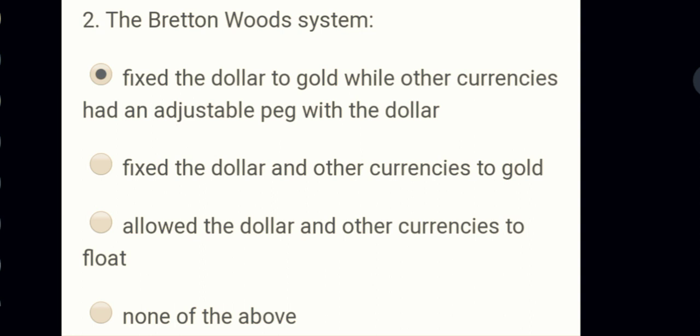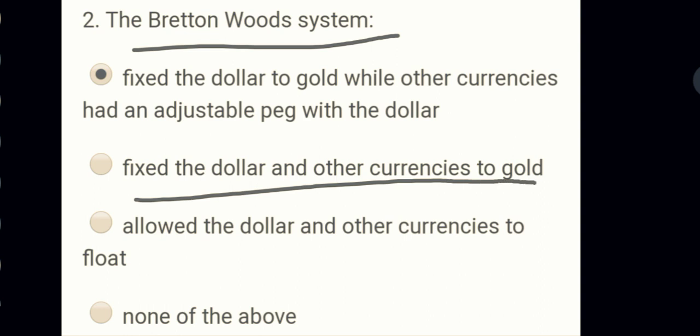The Bretton Woods system, the options were given: fixed the dollar to the gold while other currencies had an adjustable peg with the dollar. Fixed the dollar with other currencies to the gold. Third option was allowed the dollar and other currencies to float, and last option was none of these above.